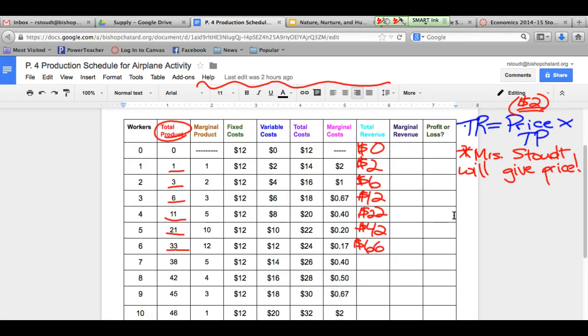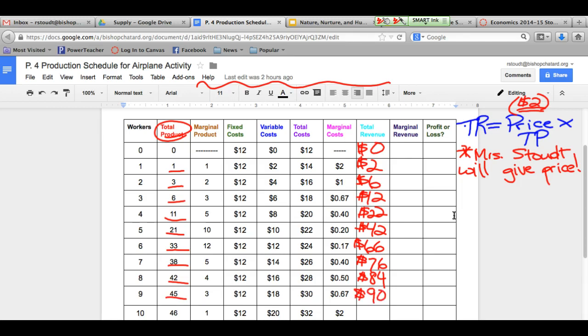At 7 workers, we're taking 38 times 2 to get 76. At 8 workers, we're taking 42 times 2 to get 84. At 9 workers, we're taking 45 times 2 to get 90.